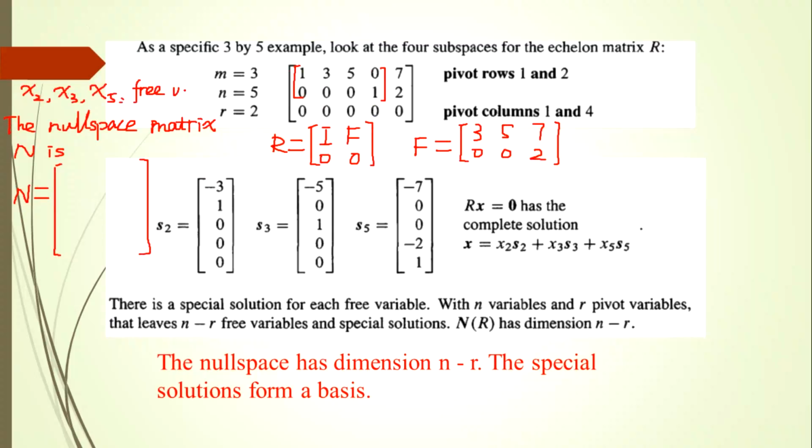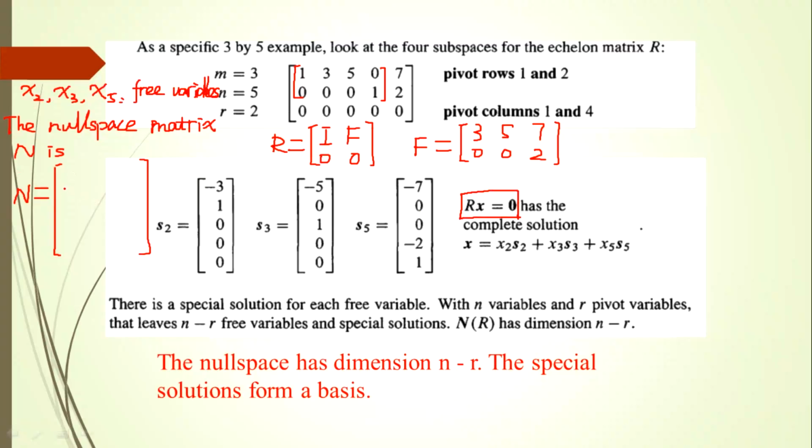Free variables. How can we find the special solution? How can we fill up the matrix N? We need to set up the 0 and 1s for the free variables. Here we are discussing the linear system Rx equals 0. So the technique is to set up free variables as 0 and 1s.